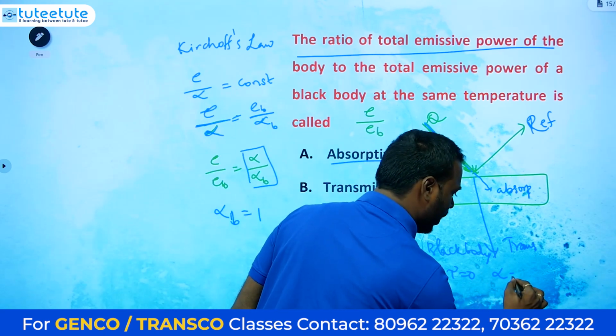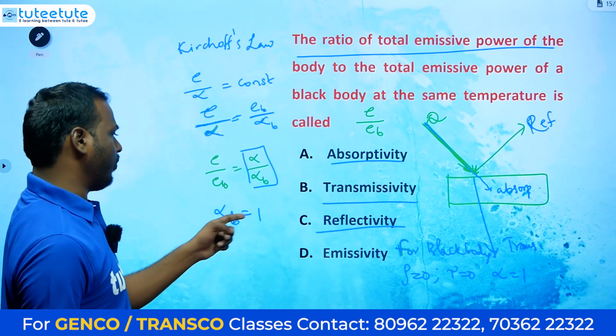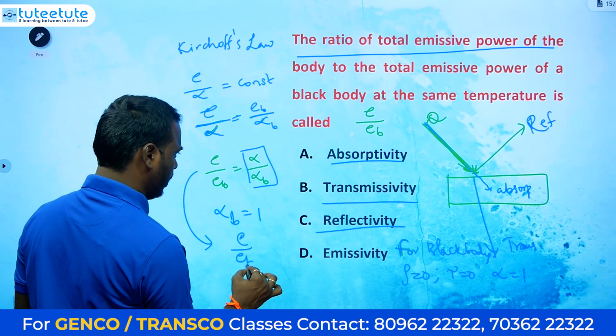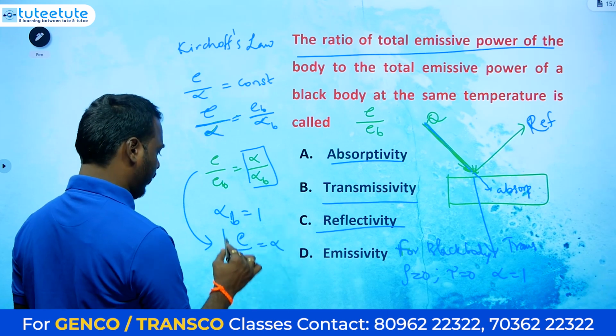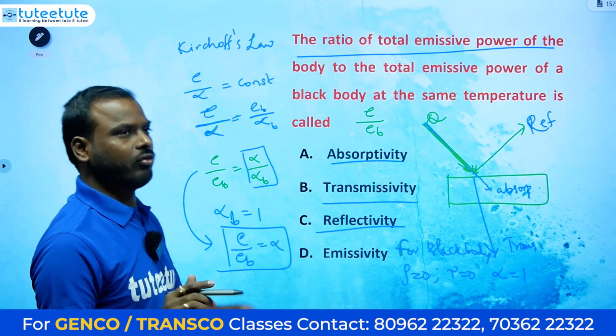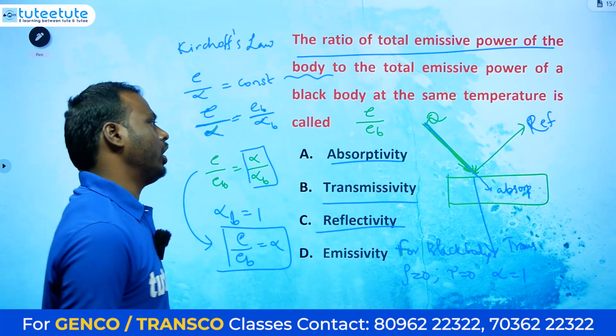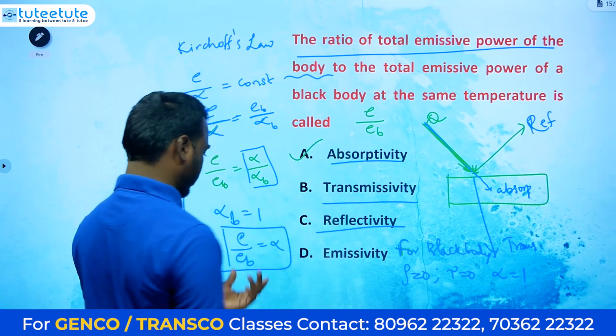So alpha is equal to 1. If alpha B is equal to 1, you can write E by EB is equal to alpha, where alpha is the absorptivity of any body. So the answer will be absorptivity.